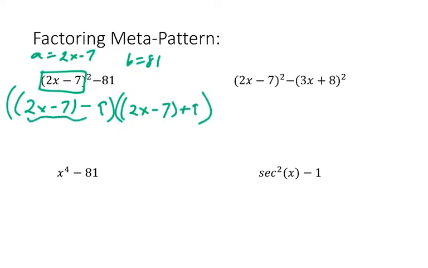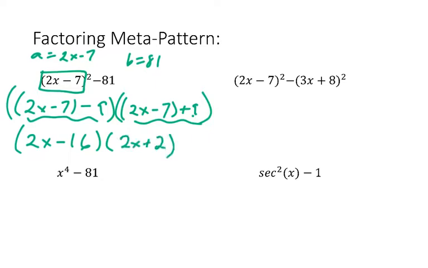And then I am going to want to simplify these. So this is the same as 2x minus 16, and then this is 2x minus 7 plus 9, so that's 2x plus 2. And that's what that factor pattern is going to look like.